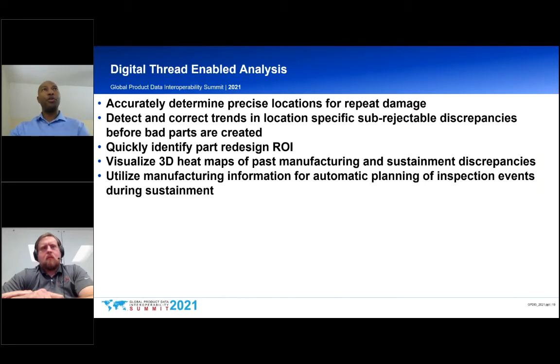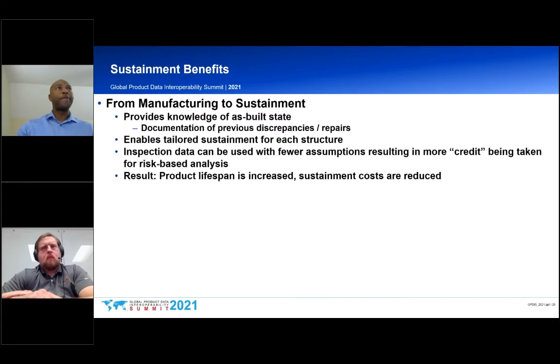That will enable you to determine precise locations for damage that occurs repeatedly, so you can detect trends and identify whether there is a manufacturing problem that's causing an increase of MRBs in a particular area, as well as identifying more easily whether a part redesign needs to occur, as well as heat maps and things of past manufacturing discrepancies.